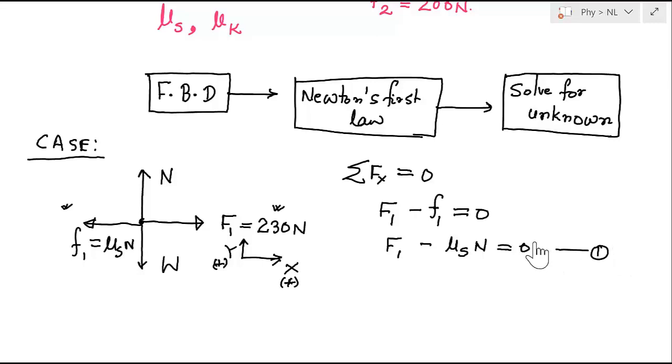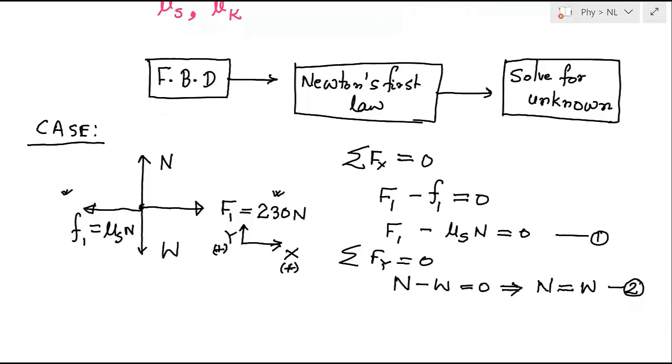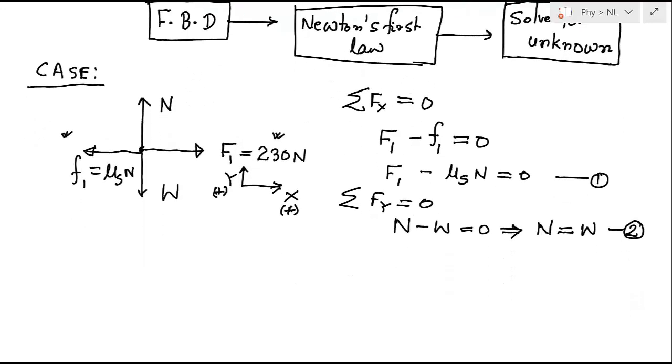Now the equilibrium in the y direction: summation of Fy equals 0. In the y direction we have the normal reaction N, and the weight acting downward, that's why the negative sign, and this equals 0. So the normal reaction equals the weight of the crate. This is my equation 2. From equations 1 and 2 I can calculate mu s.